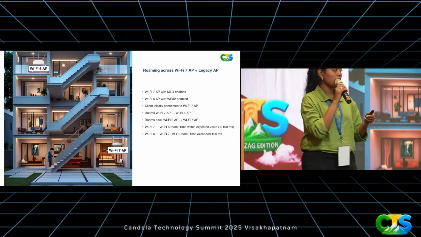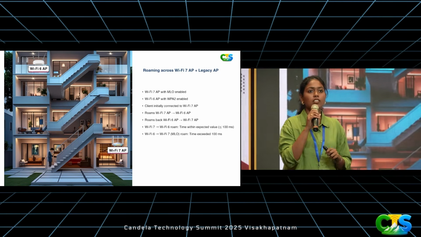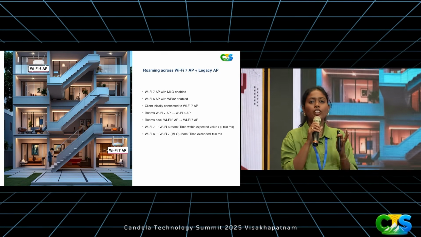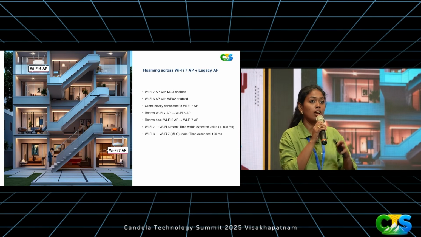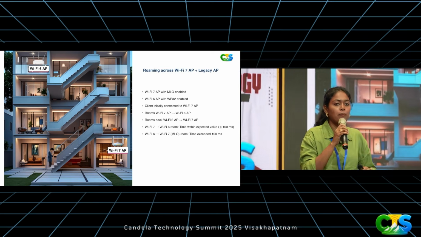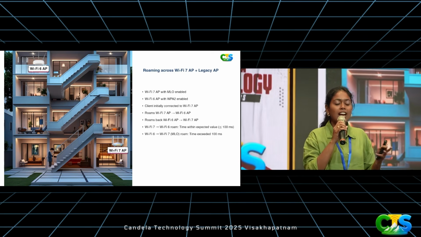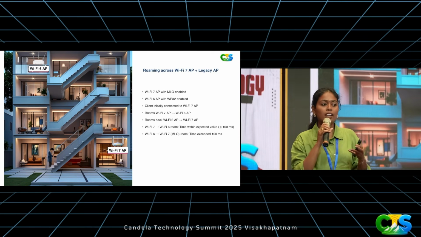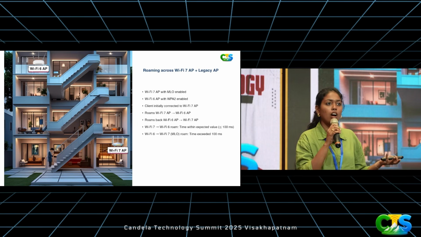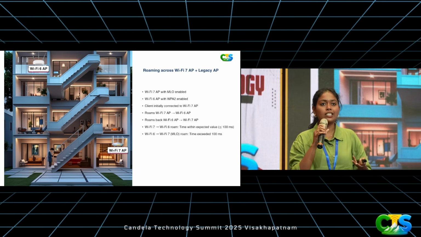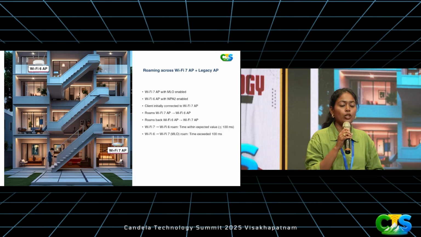Thank you, Kiranmai. So yeah, as we all know, the majority of today's Wi-Fi deployments are still built on technologies that are prior to Wi-Fi 7. Wi-Fi 7, on the other hand, is a relatively new and emerging standard that promises significant improvements in terms of throughput and latency through features like multi-link operation.